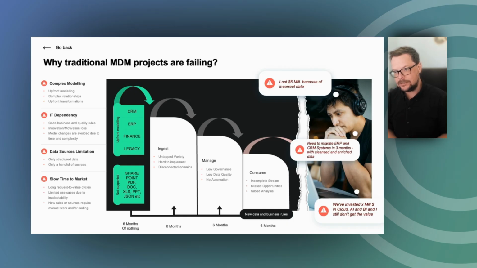We need to standardize it. We need to apply master data management capabilities to it in order to help drive downstream initiatives, usually starting with analytical initiatives, business intelligence, reporting, and things like this. However, the reality really went in a different direction.